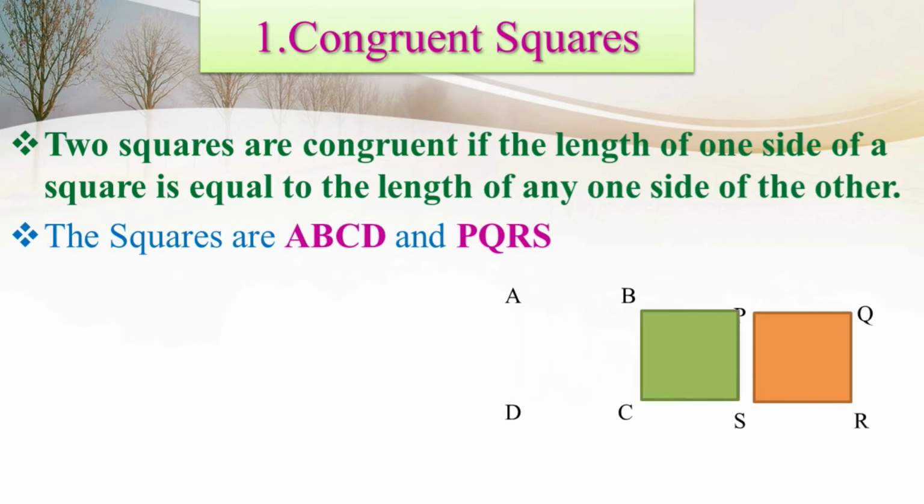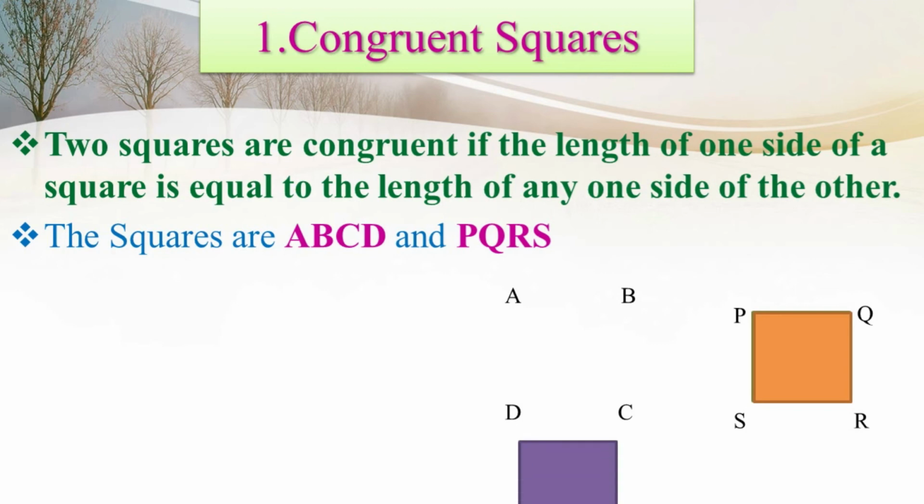See, we have to compare. How to compare? Yes, superposition method. The method of investigation is superposition. We have compared and the square ABCD coincides with the square PQRS.